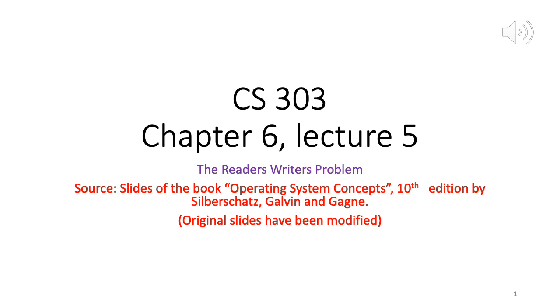Either the lock is available or it's not. If it is available, the process acquires it, enters its critical section and tries to write to the shared variable.